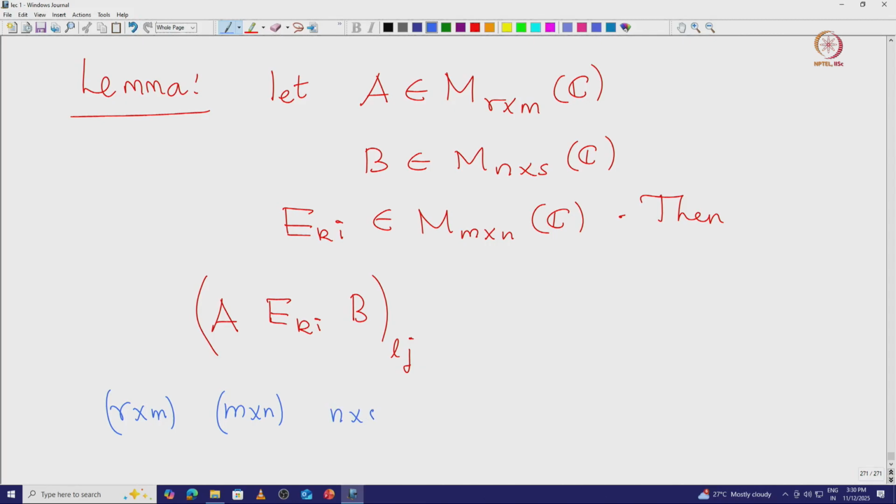So, this product A E_ki B is going to be an r by s matrix.